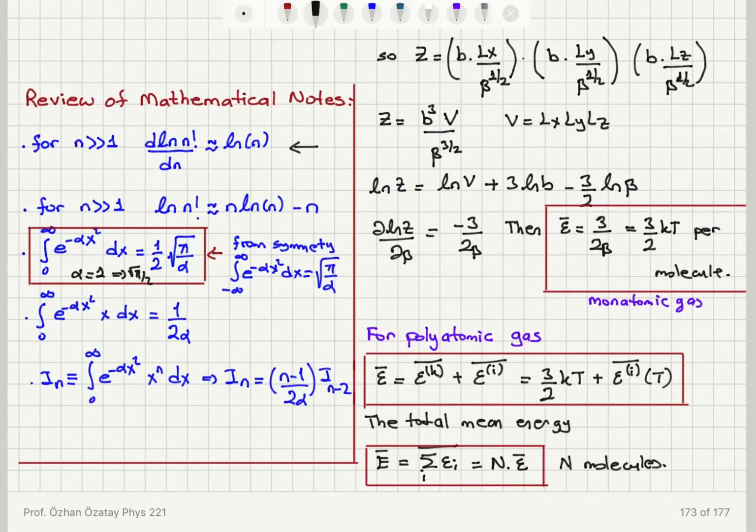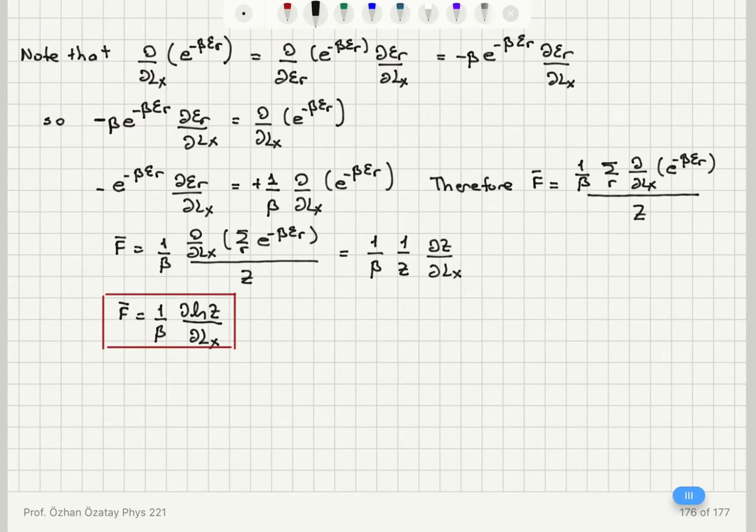If I recall, the natural logarithm of the partition function was natural logarithm of V minus 3 over 2 natural logarithm of beta plus 3 natural logarithm of b, where V is Lx Ly Lz, and b was a constant.